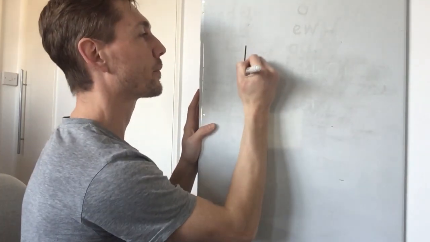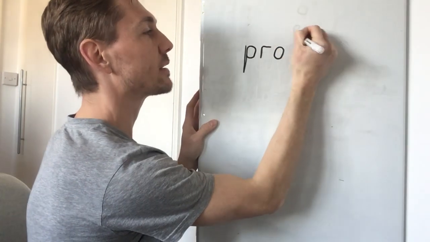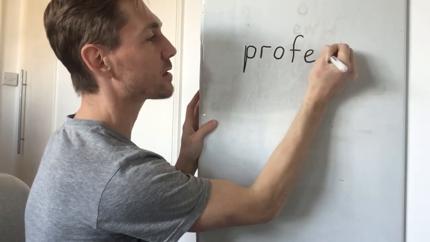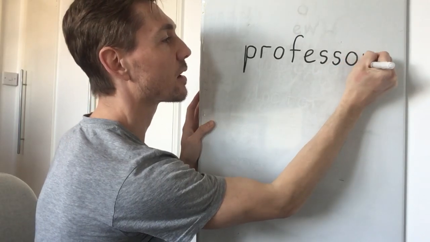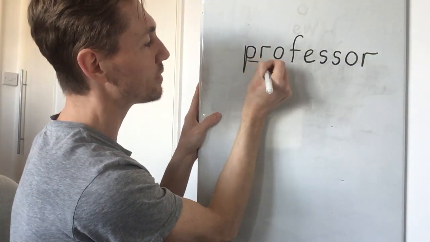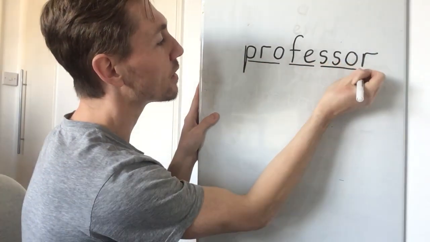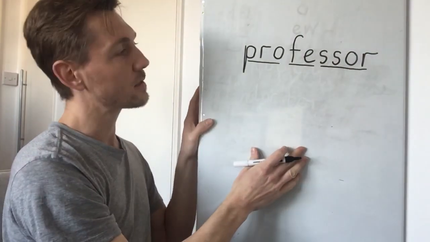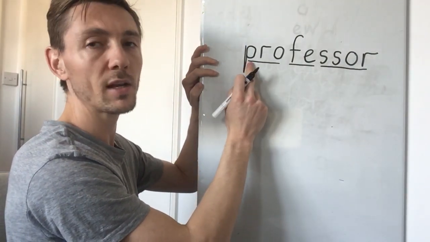Let's try one. I want you to try and read this word using its syllables. Okay, so I'll underline the syllables for you. There's one syllable, two syllables, three syllables. So after three, if you can read this word, one, two, three.